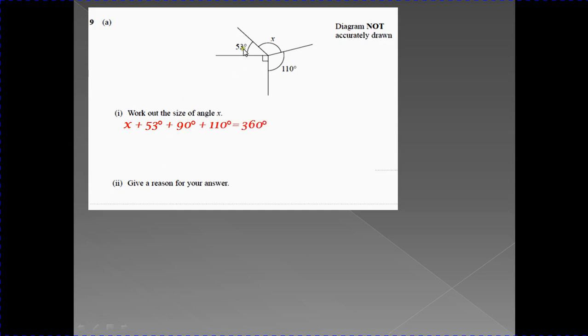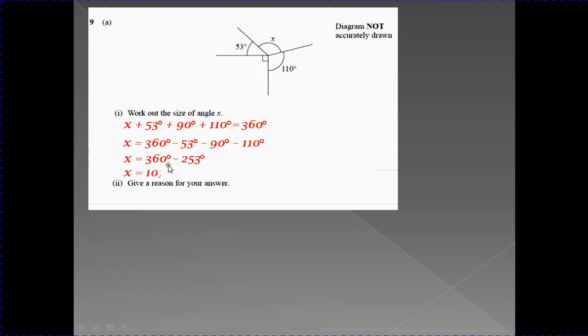Then if you add 53 plus x plus 110 plus this angle 90 degrees, it equals 360. Then you can put x and shift all numbers to the other side, minus 53 minus 90 minus 110. Then x equals 360 minus the total of those, which is 253.